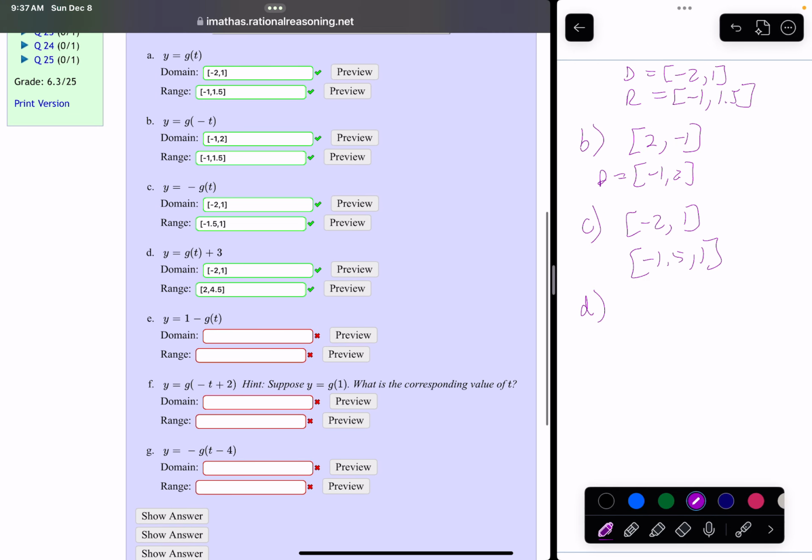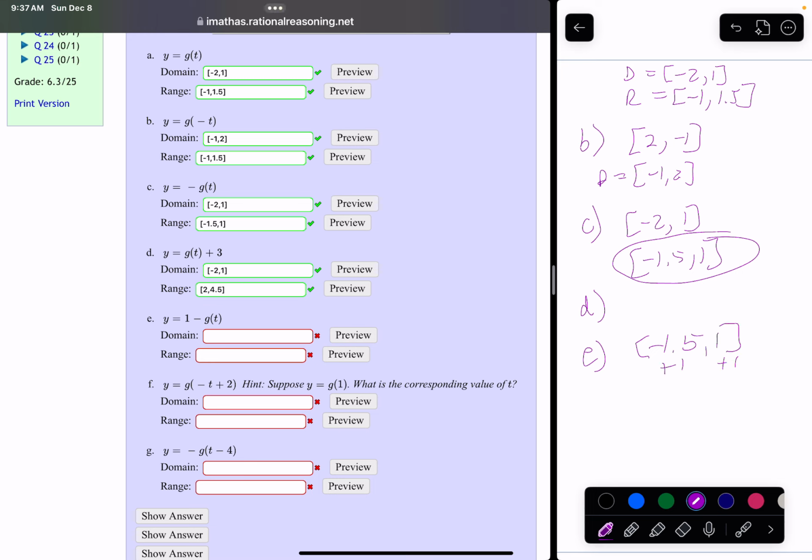Okay. E. Two things have happened on the outside of our function. We have to flip it and add 1. Now remember, we already flipped it in C, this one right here. So for E, if we flip it, we got the -1.5, 1. But now we need to add 1 to both of those.